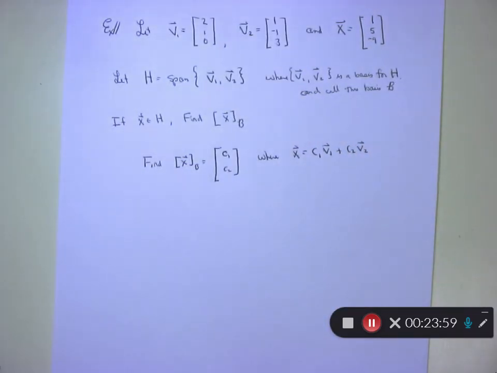That's the idea right there. It's a coordinate vector, so you need coordinates. Another word for coordinates is coefficient out front. Okay, it's the coefficient.